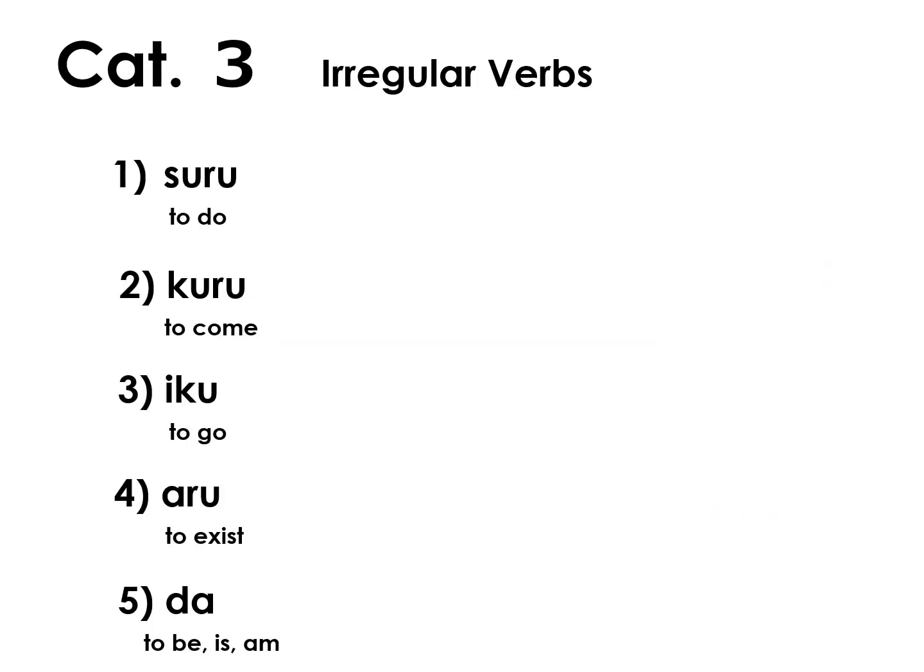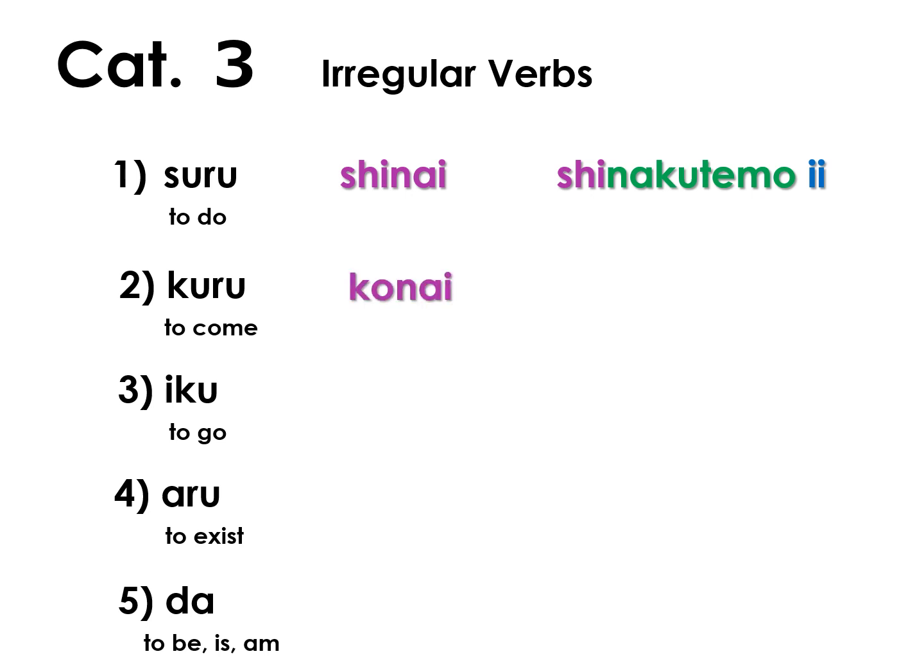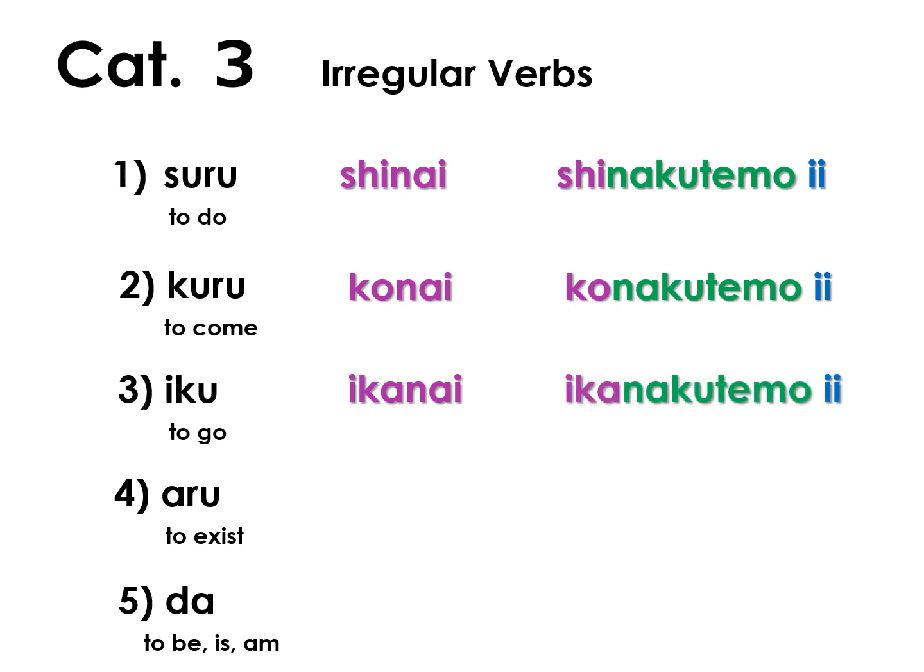For the 5 commonly used category 3 or irregular verbs, suru, to do, becomes shinai, and that transforms to shinakutemo ii, you don't have to do. Kuru, to come, becomes konai, and eventually konakutemo ii, meaning you don't have to come. Iku, to go, becomes ikanai, then ikanakutemo ii, you don't have to go.